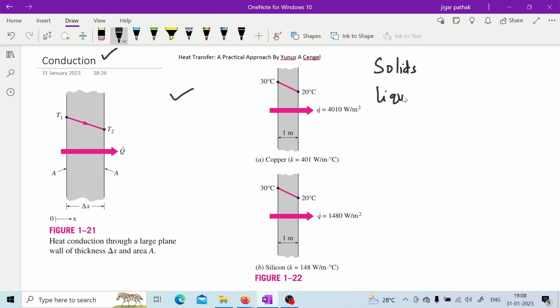This conduction takes place in all solids, liquids, and gases.